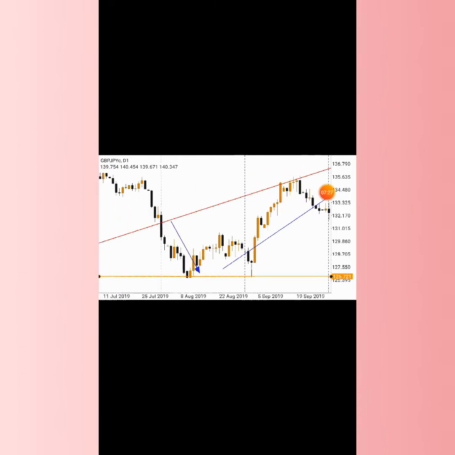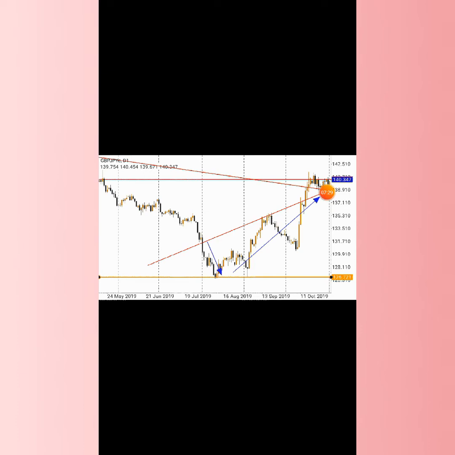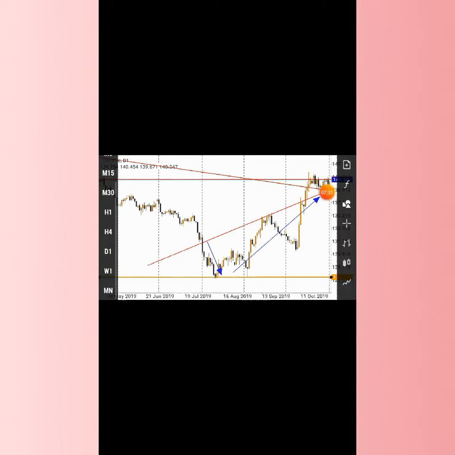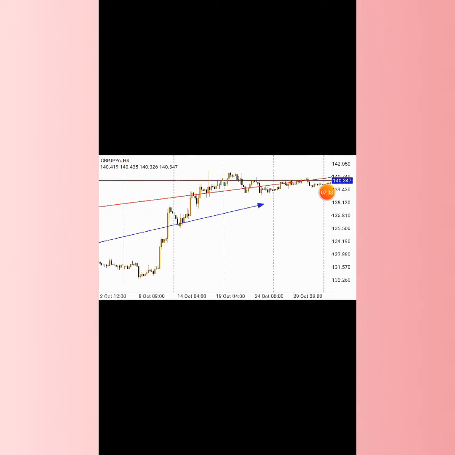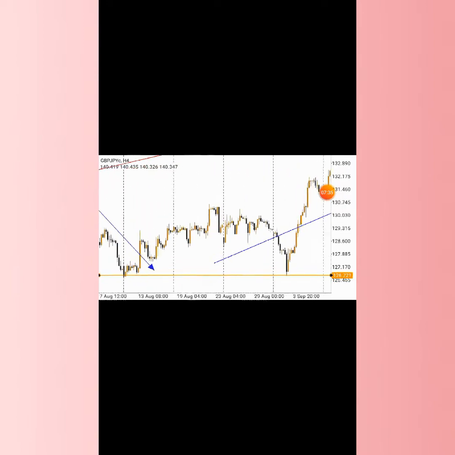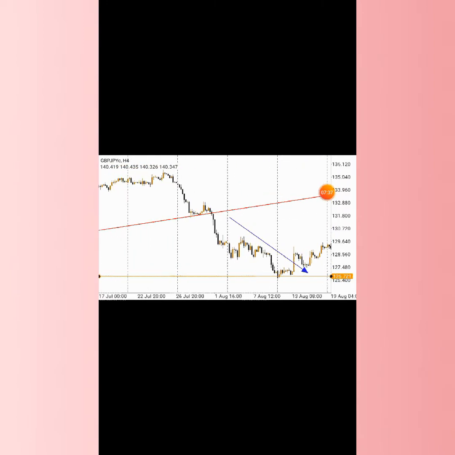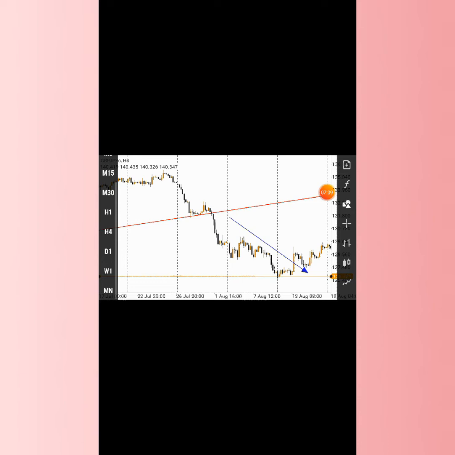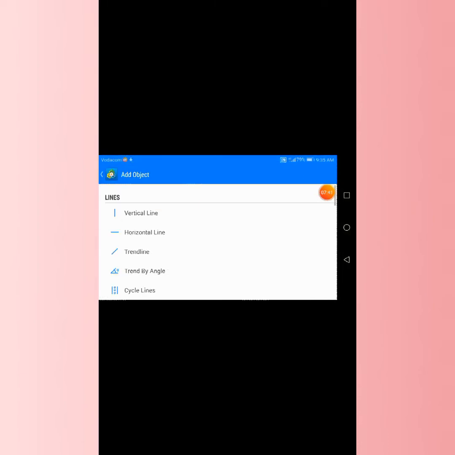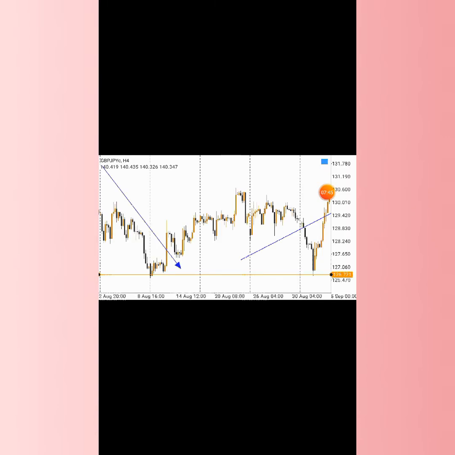So now we can see from history, let me check H4, we see this zone here. Where's my rectangle?